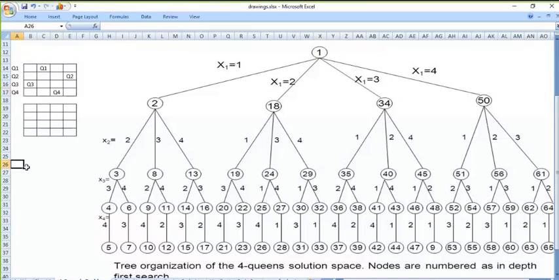Here x1, x2, x3 and x4 equal what? x1 is the position of Q1's column. Q1's column is 2, comma. Then x2 is for Q2. Q2 is on which column? Fourth column. So it is 4, comma.